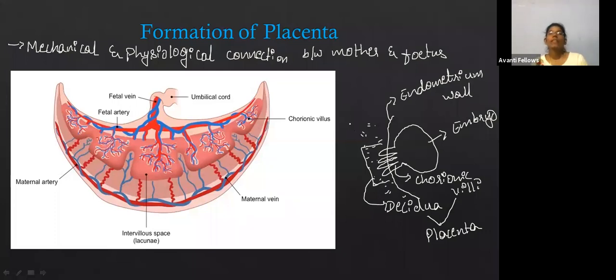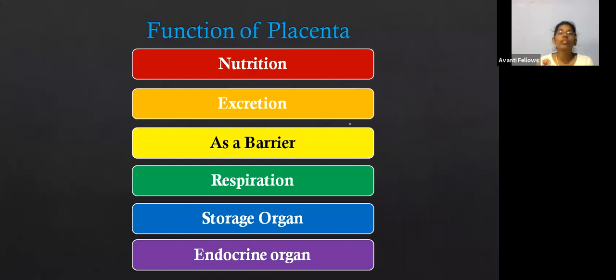Now we will see the functions of placenta. What are the functions of placenta? Very good, Ananya. See, we know the placenta is the connection between a mother and the baby, right? From the mother, the baby takes nutrition with the help of the placenta.